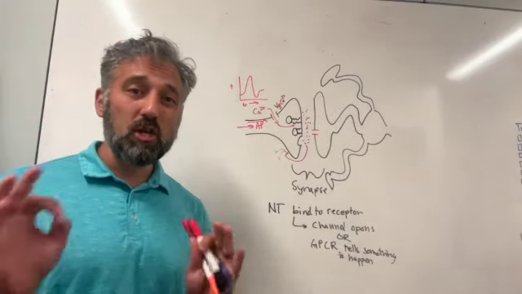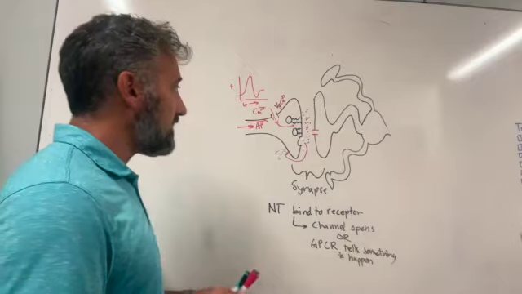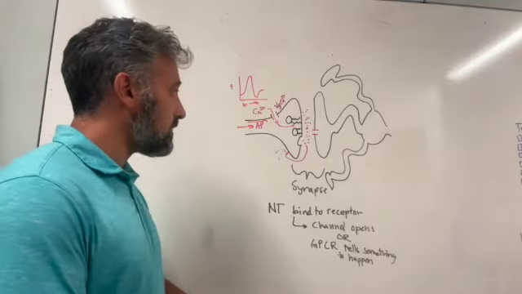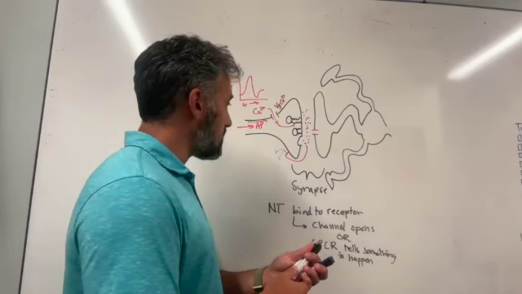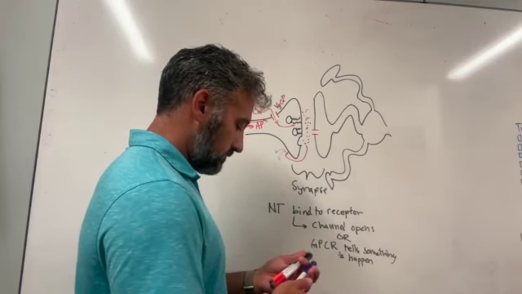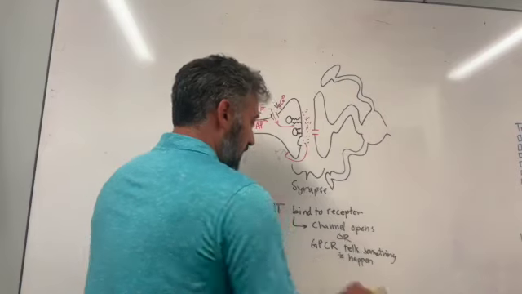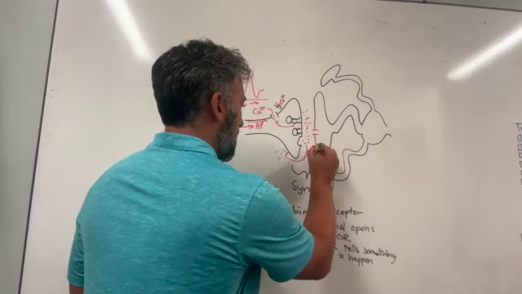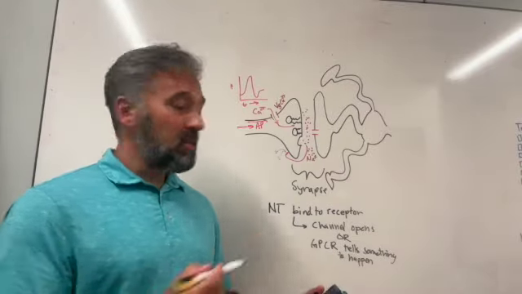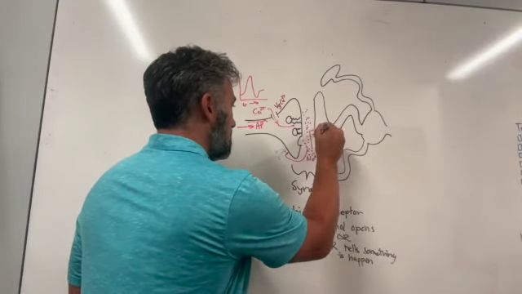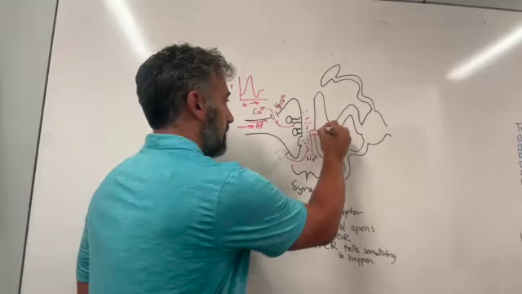In this case, just because we can, we're going to say that it's a sodium channel, and that sodium channel is going to open, and then that means that sodium is going to go into the cell. If we have sodium outside of a cell, that sodium is going to go into the cell, and that's going to make it more positive.